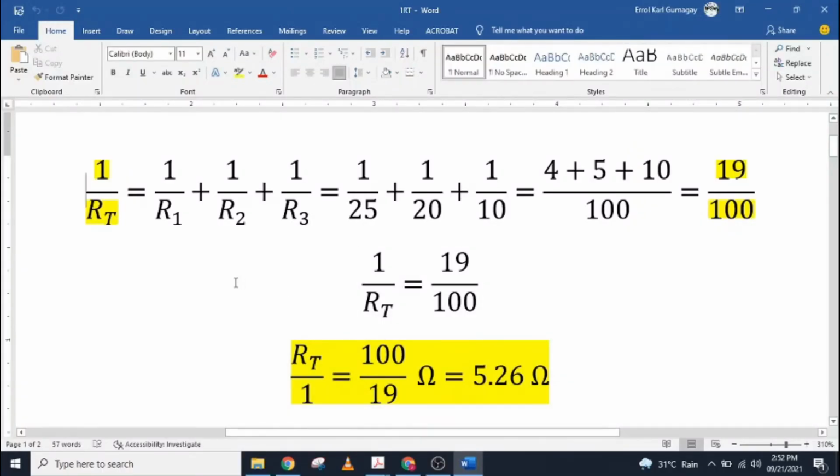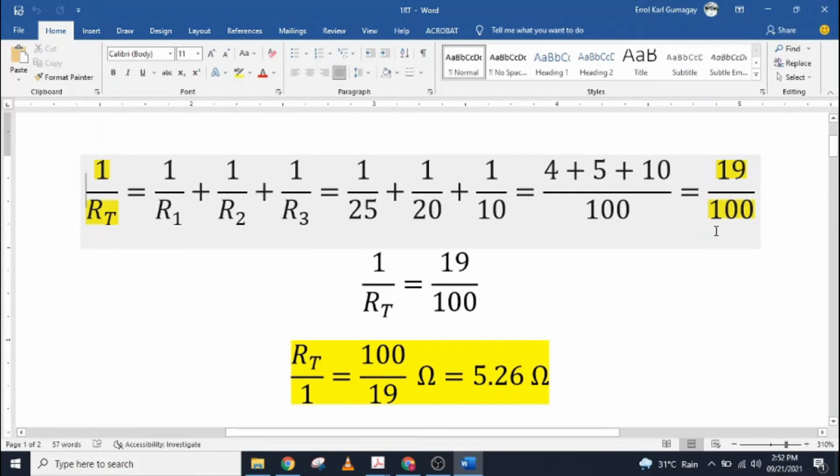We learned during the parallel circuits discussion that the total resistance can be solved using this formula: 1 over RT is equal to 1 over R1 plus 1 over R2 plus 1 over R3. Since we have 3 resistors, 25, 20, and 10 ohms, then we get the LCD. Then 100 divided by 25 times 1, 4. 100 divided by 20 times 1, 5. Then so on. So nakuha natin 19 over 100.